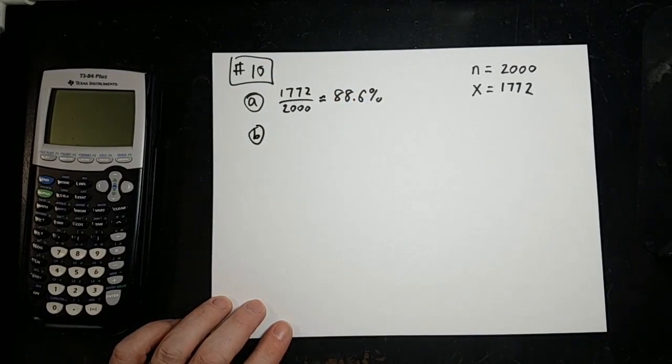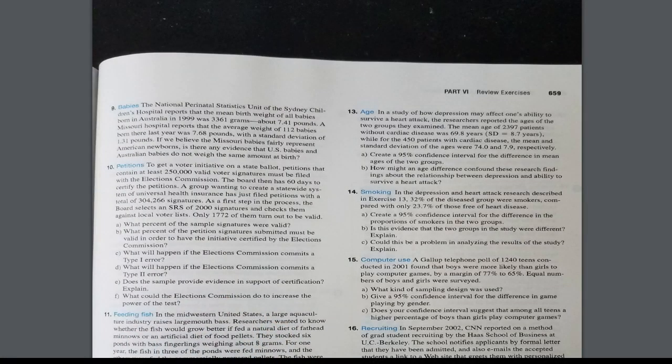Part B. I'm looking at part B. Part B says what percent of the petition signatures submitted must be valid in order to have the initiative certified by the Elections Commission. They need at least 250,000 to be certified, out of 304,266 signatures submitted.